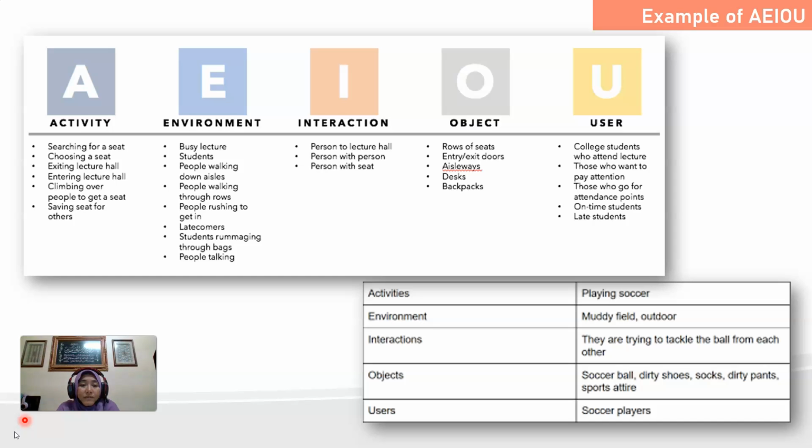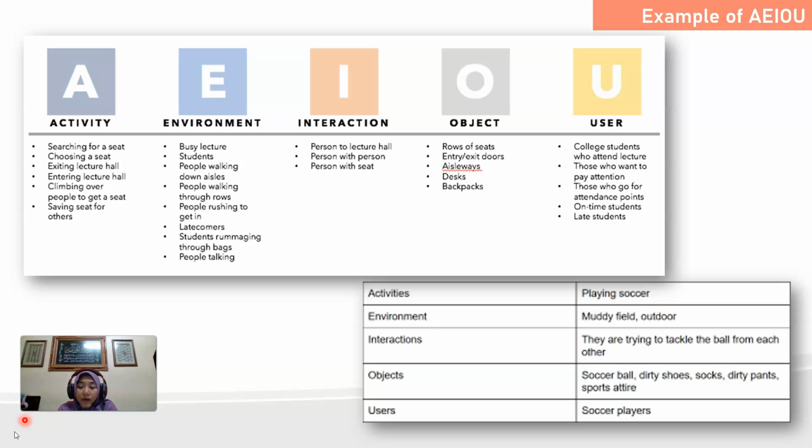Interaction: person to the lecture hall, person to person. Objects: rows of seats, desks, backpacks. Users: college students who attend the lecture, those who want to pay attention.